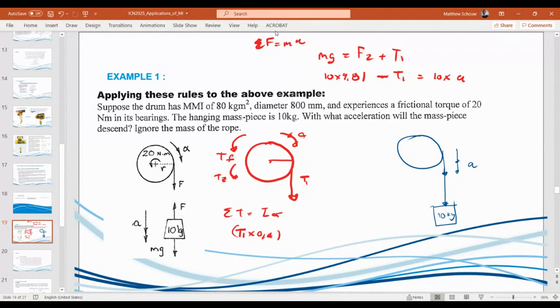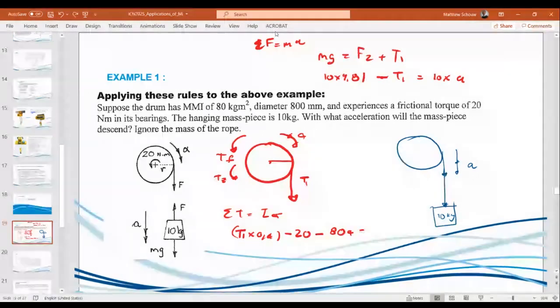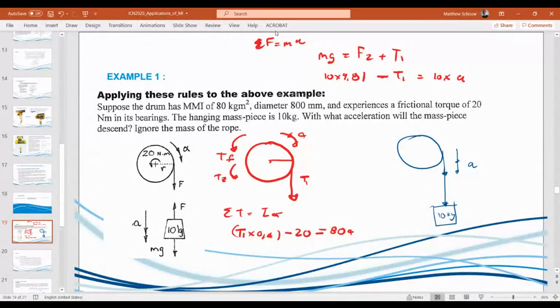If that's going clockwise and these are all going anti-clockwise, we have negative the frictional torque and negative I times alpha. We know that's 80 alpha. Alternatively, I can bring it to the other side and make it 80 times alpha. And we know that A equals alpha R, so alpha is A over R.